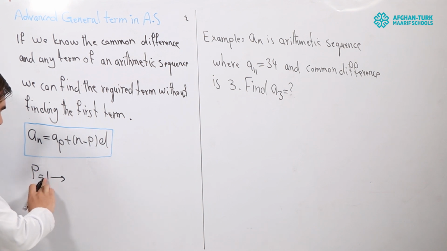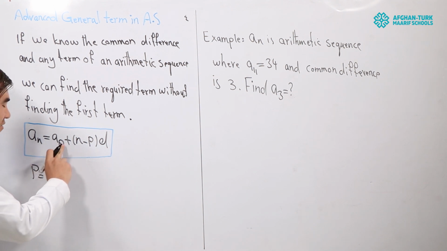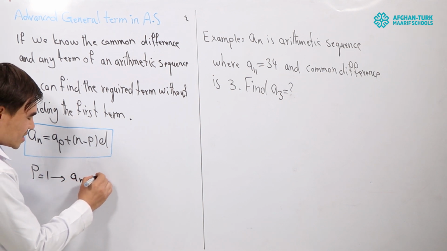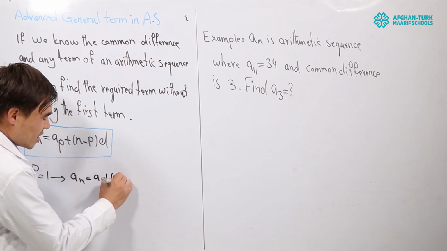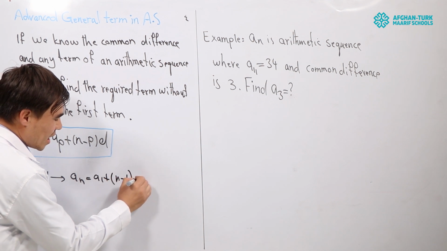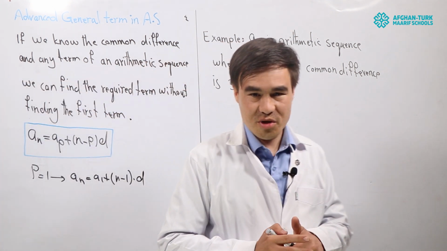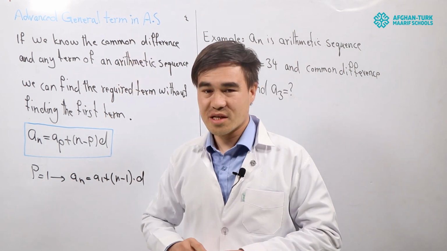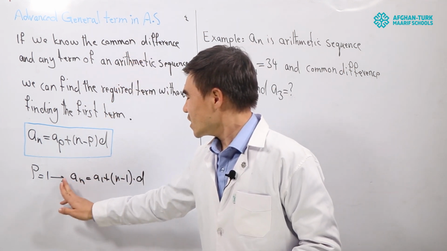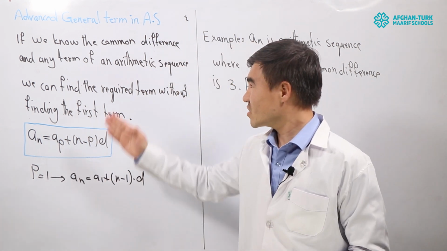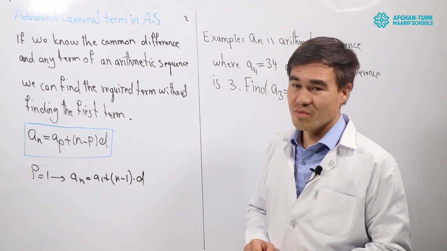If we substitute the number 1 instead of p here, it changes to a_n = a_1 + (n - 1)d, as we studied in the general formula of arithmetic sequences. So if we substitute 1 in this formula, we get the general term.